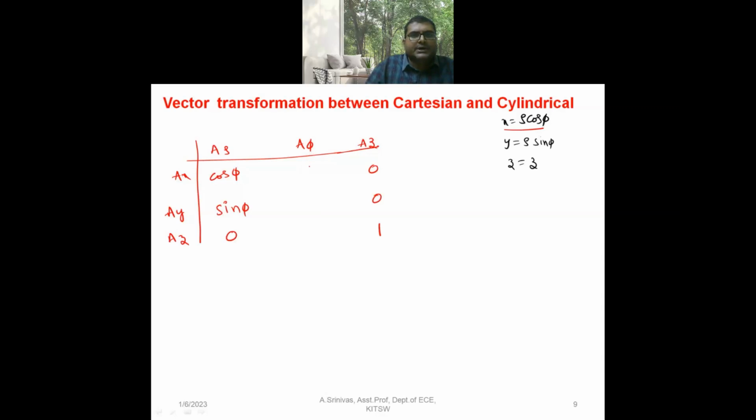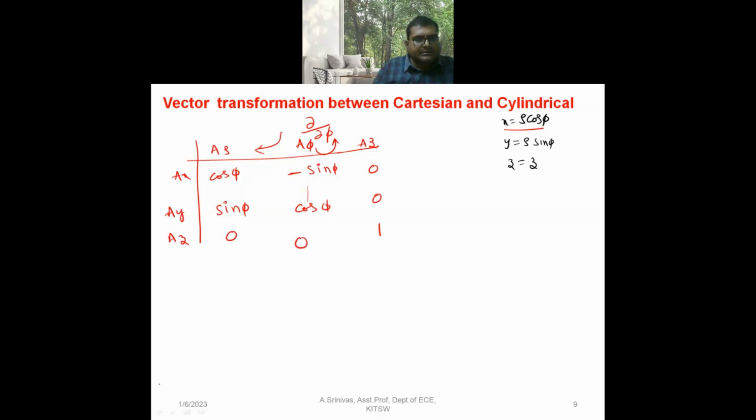And to get the middle components, partial differentiation of ∂/∂φ. Here it is φ. You have to perform the partial differentiation of the first column to get the second column. That is, the second column elements are minus sin φ, cos φ, 0.